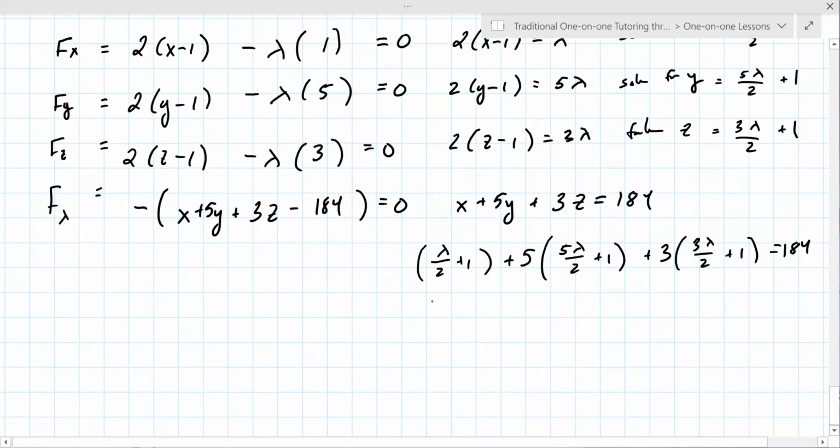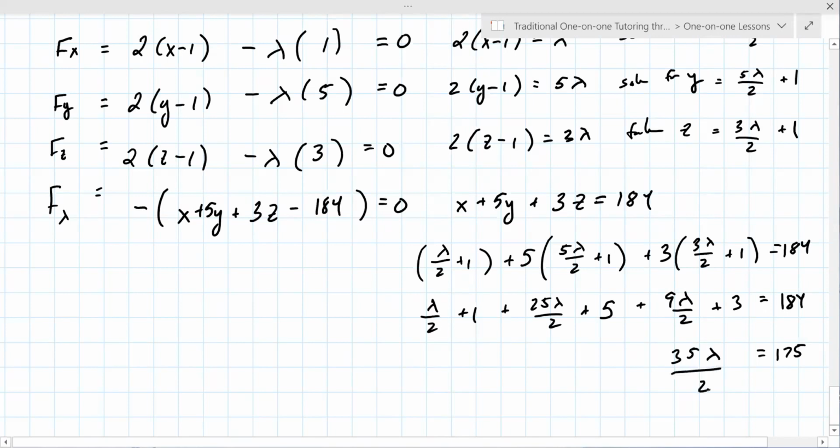Okay. So now we distribute in. This is 25 lambda over 2 plus 5 plus 9 lambda over 2 plus 3 equals 184. So 1, 5, and 3 makes 9. If we subtract that, that's 175 on the right. And then you got lambda over 2, 25 lambda over 2, that's 26 lambda over 2, and then that's 35 lambda over 2.